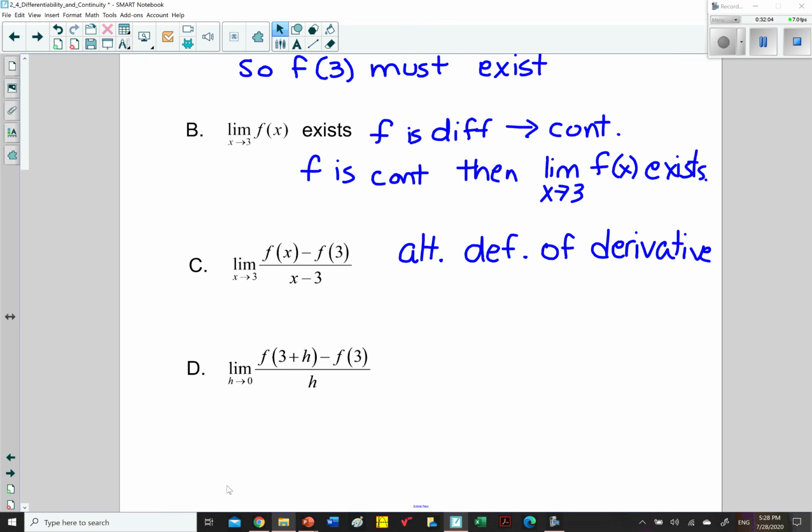How about this one? This is the limit definition of the derivative, and it says that the derivative of f at 3 has to exist. If f is differentiable at 3, then the derivative at 3 exists, right? This is the limit definition of the derivative.